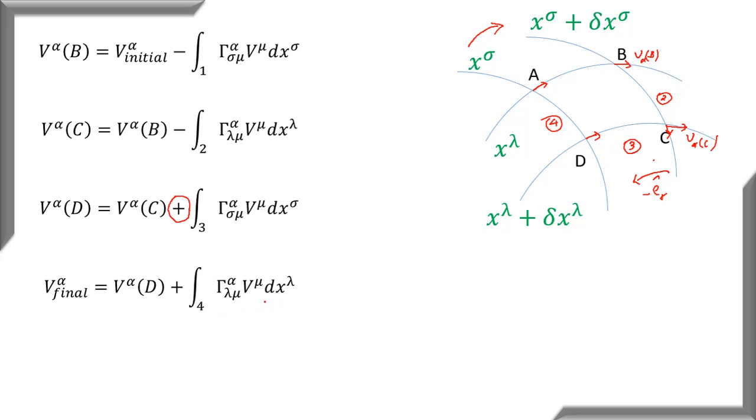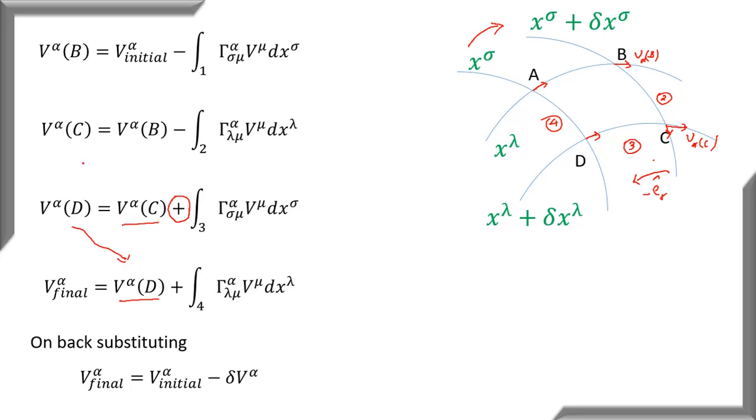Now see that I can back substitute all these, that is I can substitute for V alpha of D from this equation, and again in this equation you will have V alpha of C, then back substitute from here and back substitute from here, and you will end up with V alpha final, V alpha initial and four integrals over here. And I can just write all these 4 integrals as delta V alpha.